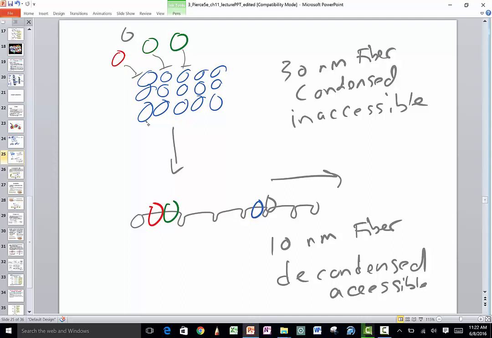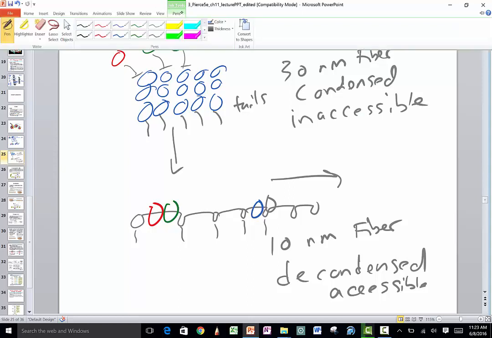Now, we have these tails that stick off the chromatin. So these are nucleosomes, and different modifications of those tails allow it to be either loose or tight. I'll just mention one type.